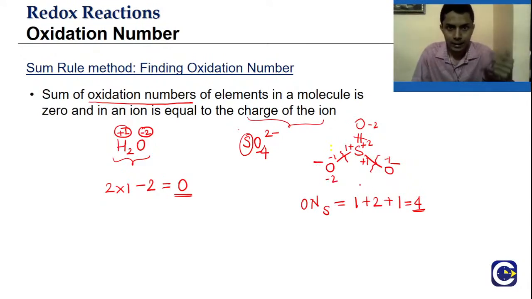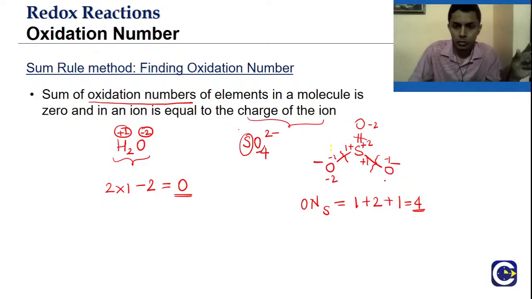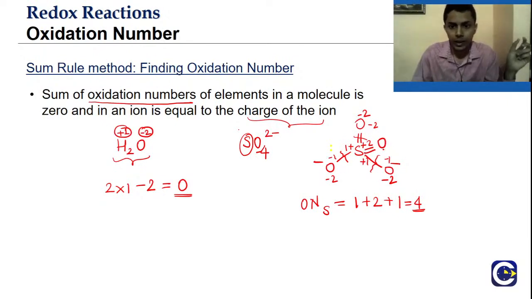More about this I'll discuss in the next slide. But as of now, consider that oxygen will have only minus two, minus two, minus two. Since this shows only three oxygens, there will be another double bond. When you break it, another two charge will come, so plus two.